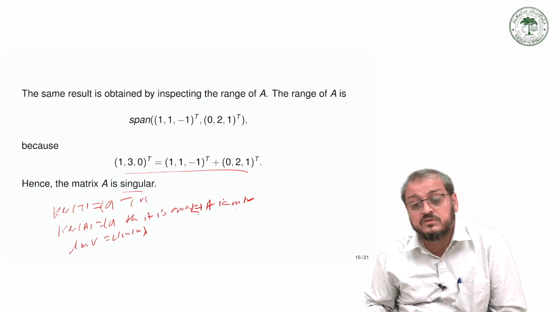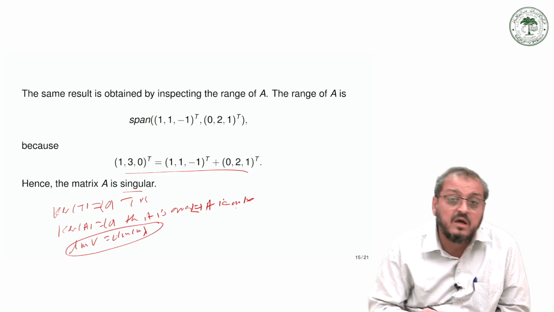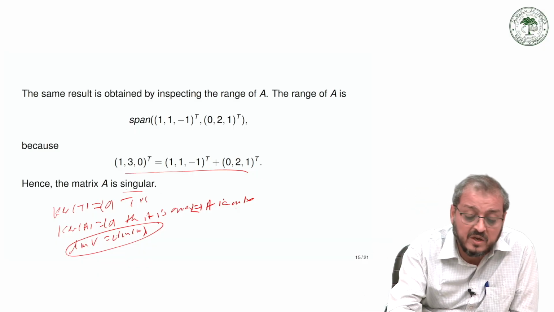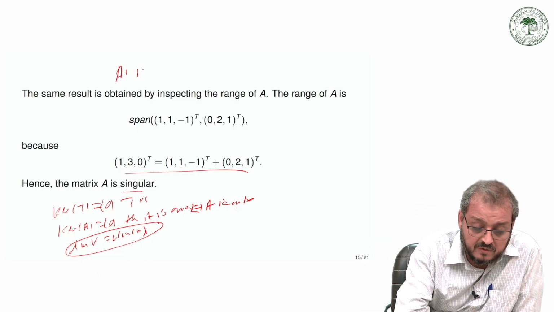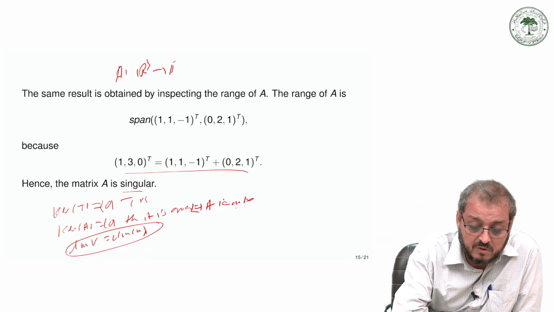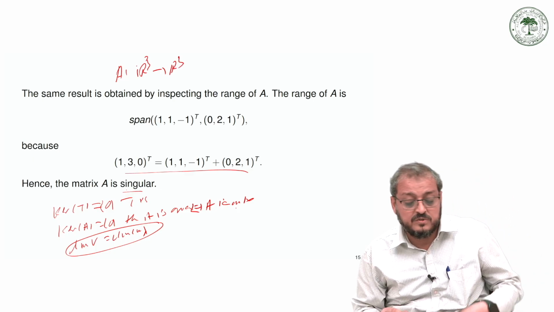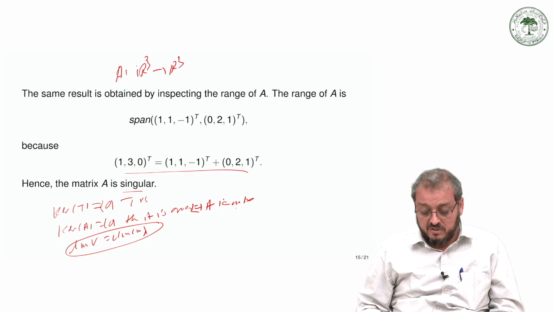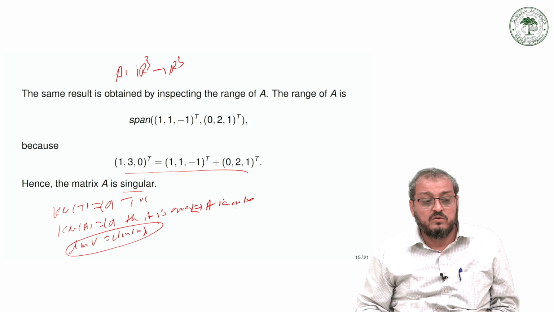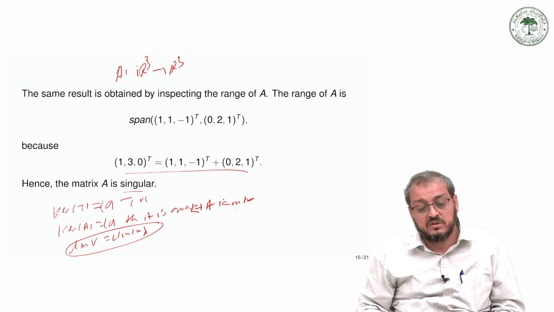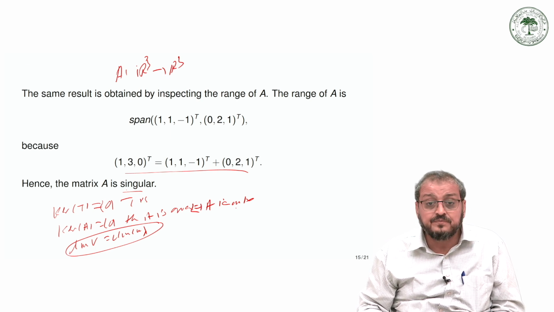This is true for both. Here we have a matrix A from R3 to R3. So clearly this is a singular matrix, not a non-singular matrix.